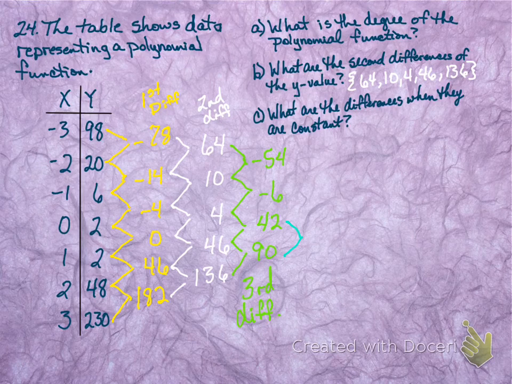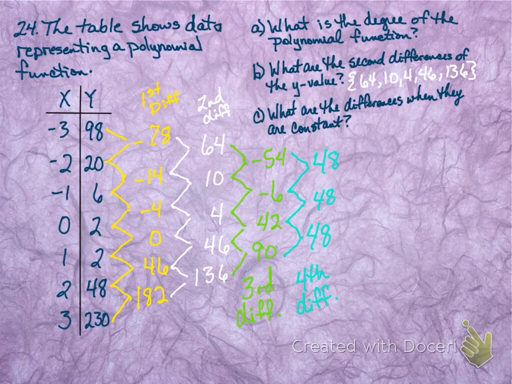There we go. 42 minus negative 6 is 48. Negative 6 minus negative 54 is 48. This is my fourth difference.